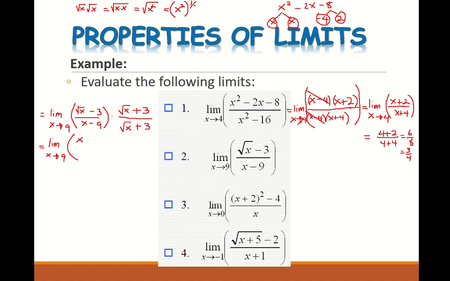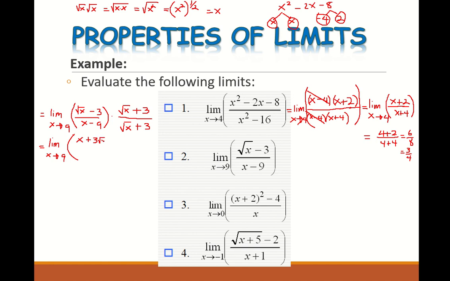So x squared raised to the power 1/2 is simply x. So that's why we have x here. Then we have square root of x times positive 3, so we have plus 3 times square root of x.